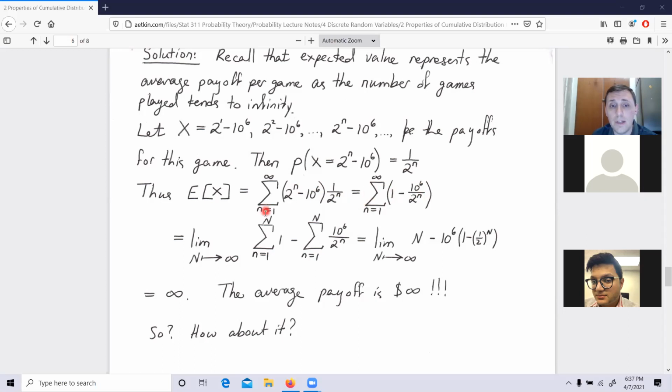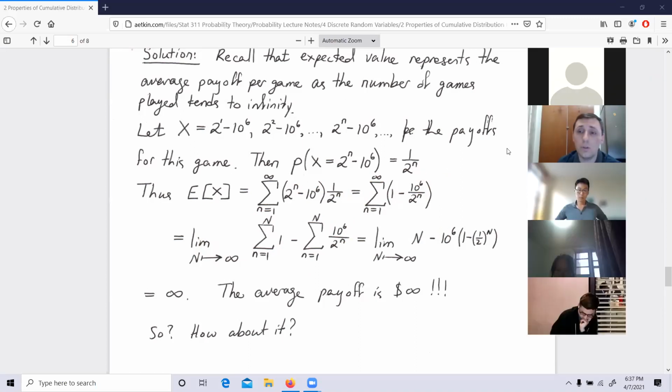And if I just sum the series this way, if I don't go to infinity there, it's just the summation of 1 minus the summation of 10 to the 6 over 2 to the n, going to infinity. You can see that this is not converging. This number is going to eventually be close to 1, right? Because 10 to the 6 divided by 2 to the n is a small number. So this number is not going to 0.